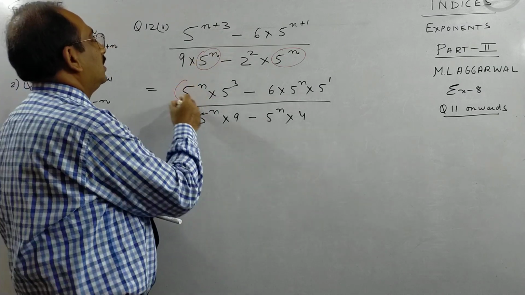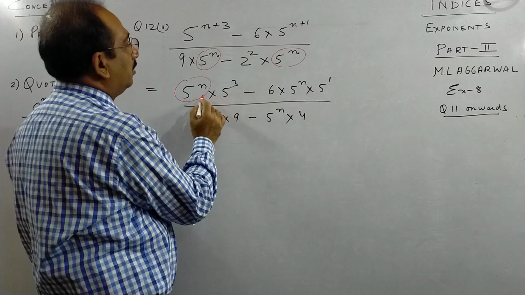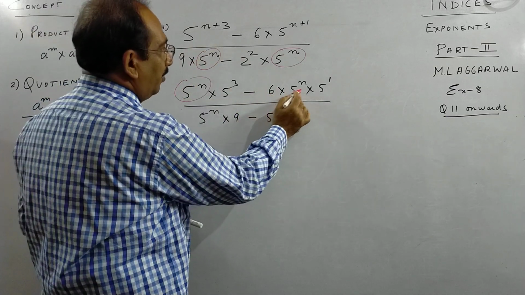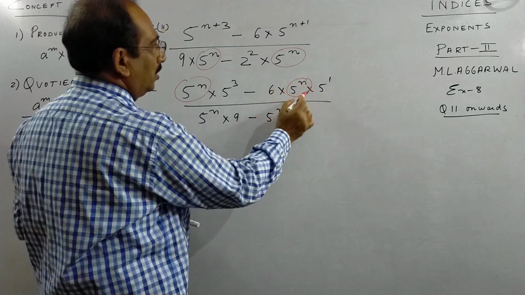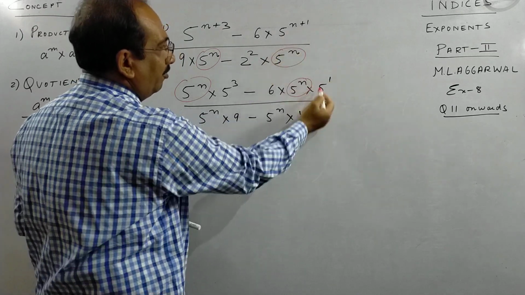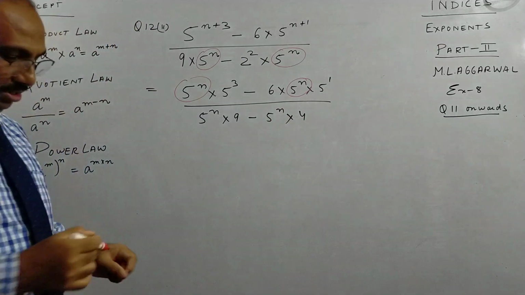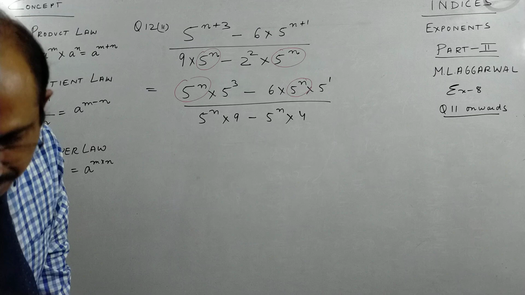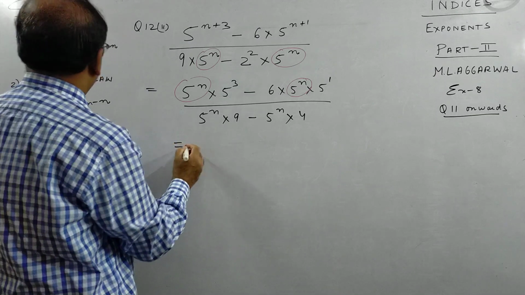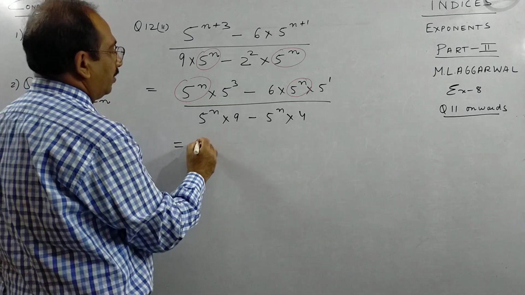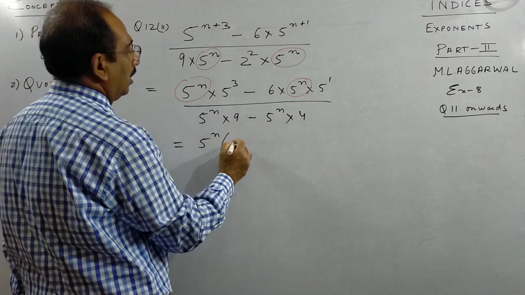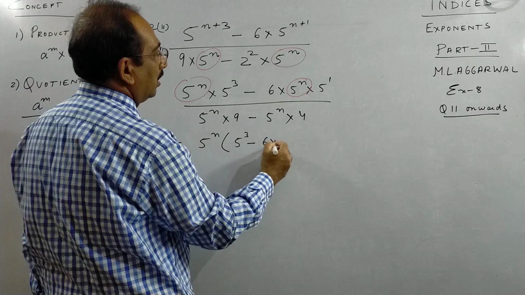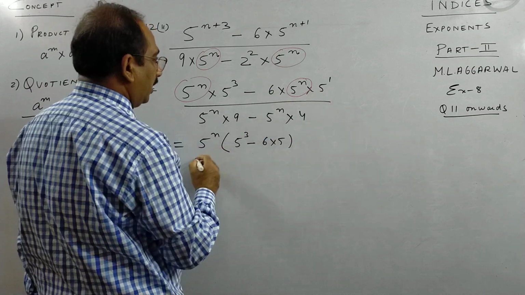Here also, if you see 5 to the power 3, if you multiply, you will get back this. This is 6. 5 to the power n I have taken out, and this is 5 to the power 1. As I told you, this is the reverse of product law. So 5 to the power n I take out, I am left with 5 cube. If you take out this, you are left with 6 into 5.